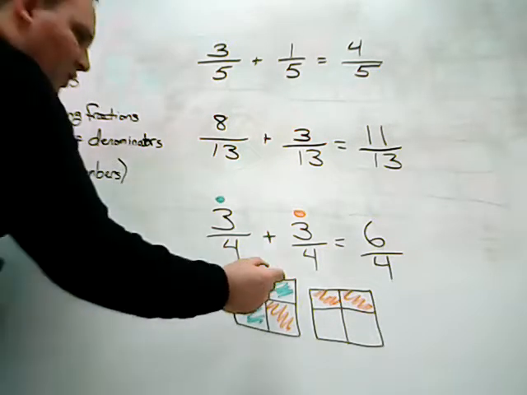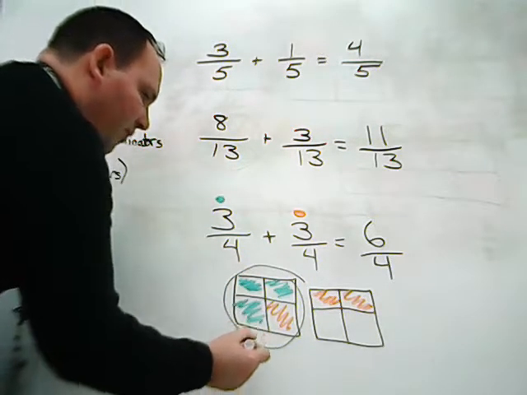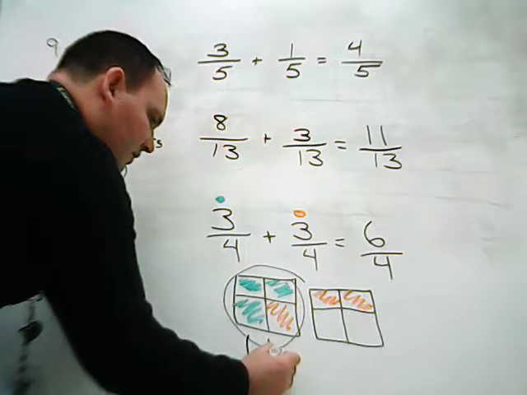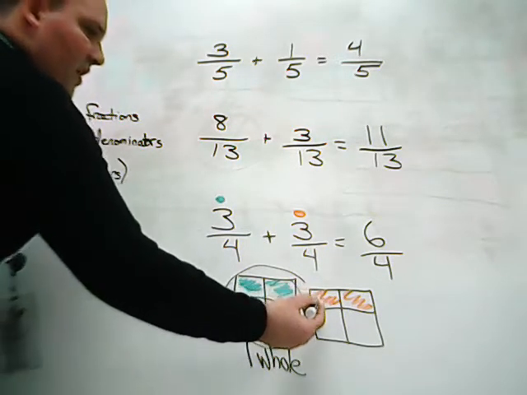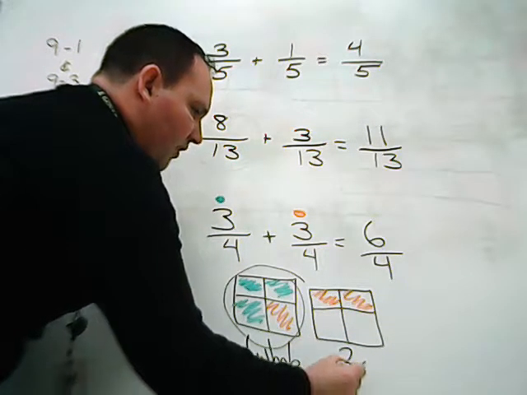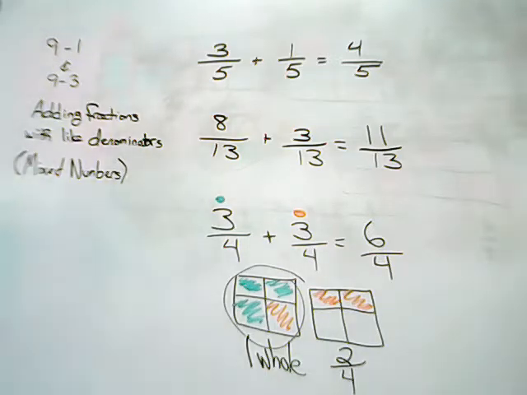What I have here is one whole thing colored in. In my second figure, I have 1, 2 out of 4, or 2/4 colored in.